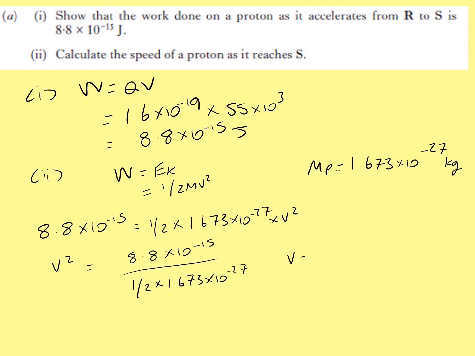Obviously v is equal to the square root of v squared, so v is the square root of all of this together, and that gives us a value of the velocity to be 3.2 times 10 to the 6 meters per second. So we're going very fast here.